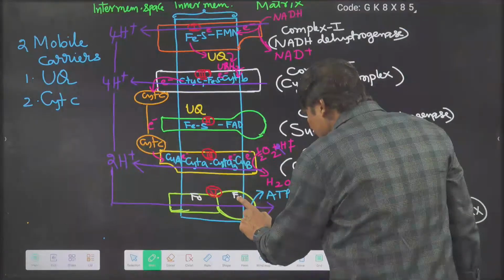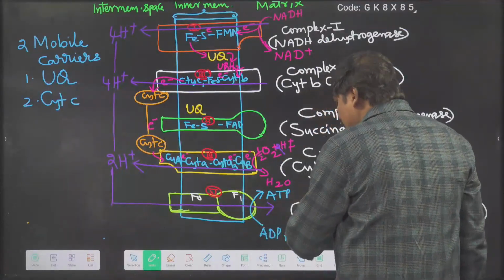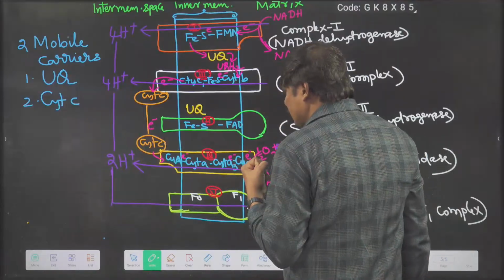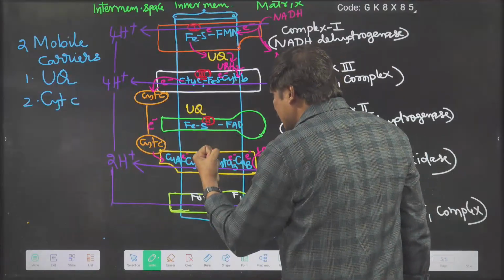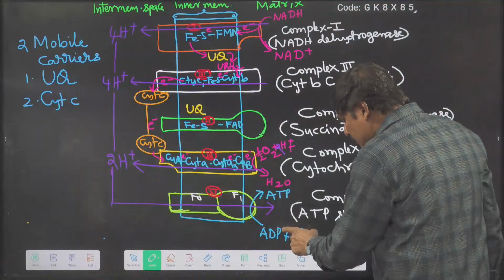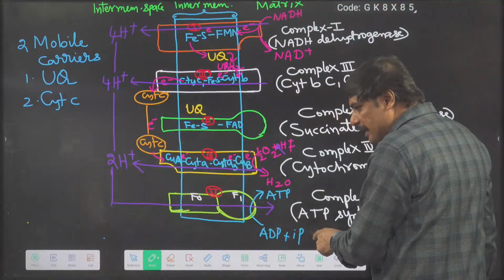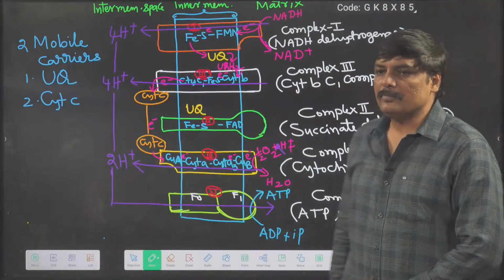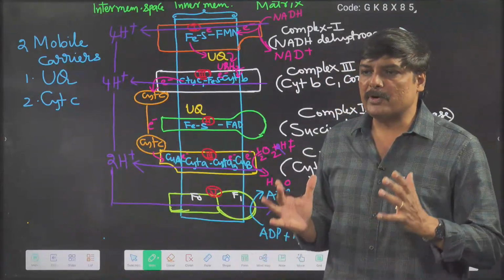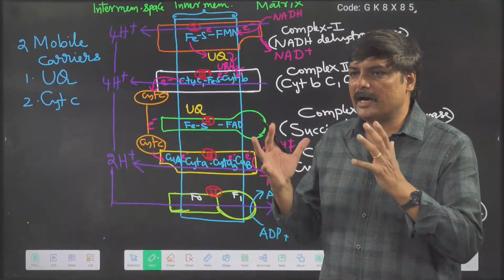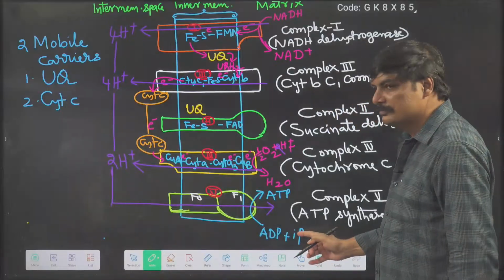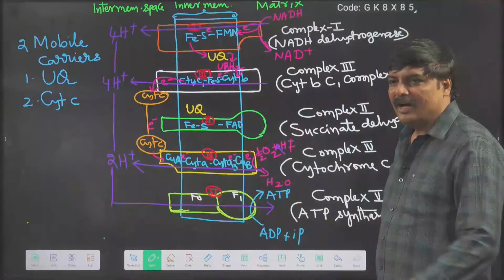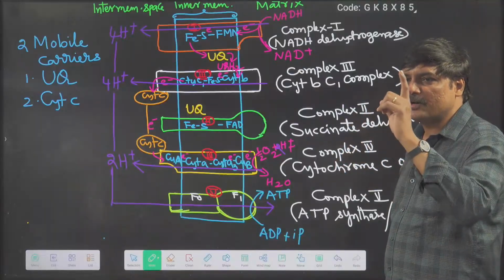While moving from F1 into the matrix, in the F1 energy is liberated. Using that energy, ADP is coupled with inorganic phosphate and forms ATP. This is known as oxidative phosphorylation.